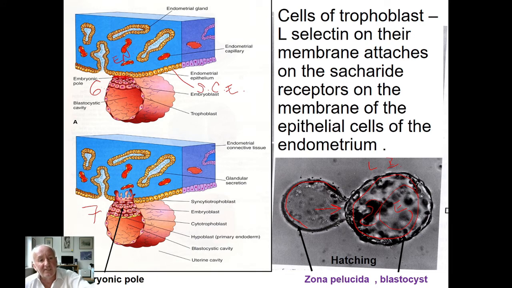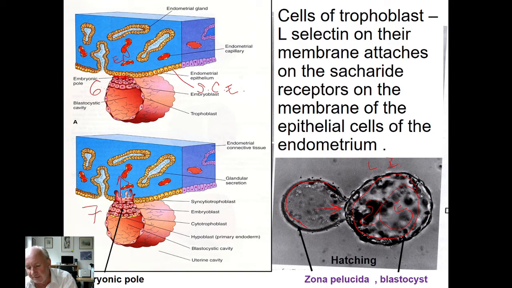Attaching to the surface epithelium, the 7th day is starting the implantation into the endometrium. This whole blastocyst has to get inside the endometrium. There are special receptors on the membrane of the epithelial cells. Once more, oligosaccharides like those receptors, and it always attaches with the embryonic pole.